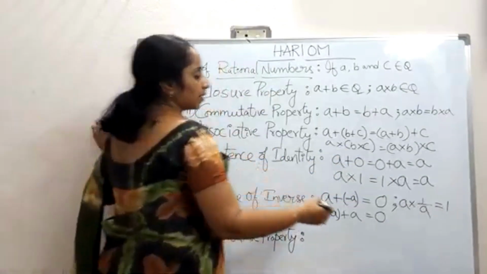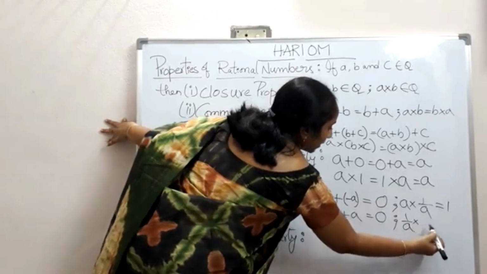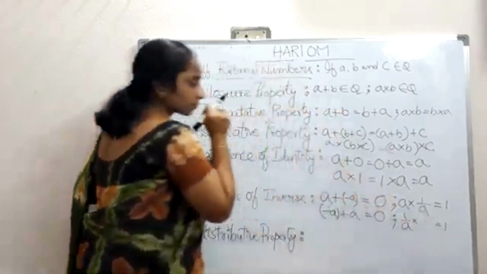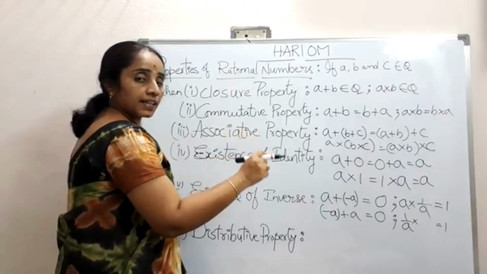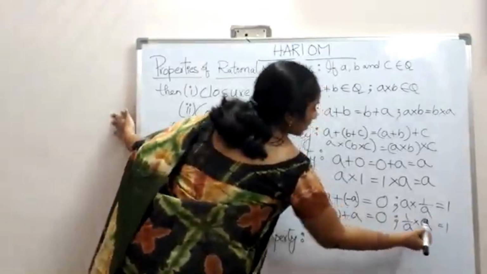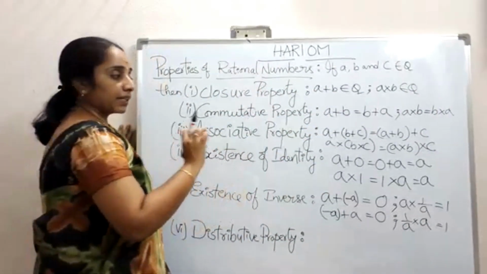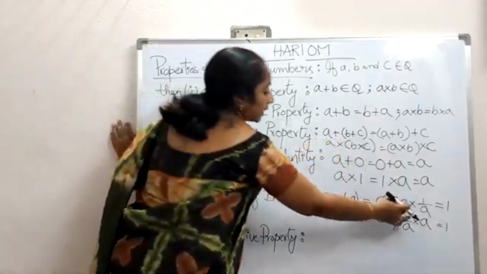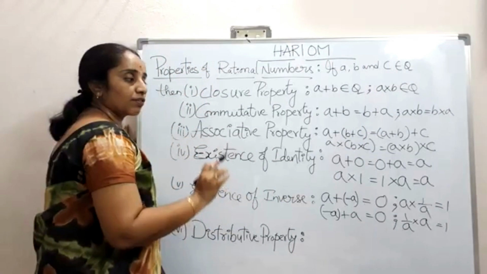In the same way, if we have 1 by a, by multiplying which number will you get the result 1? It is a. Hence we conclude that the multiplicative inverse of a is 1 by a, and the multiplicative inverse of 1 by a is a.